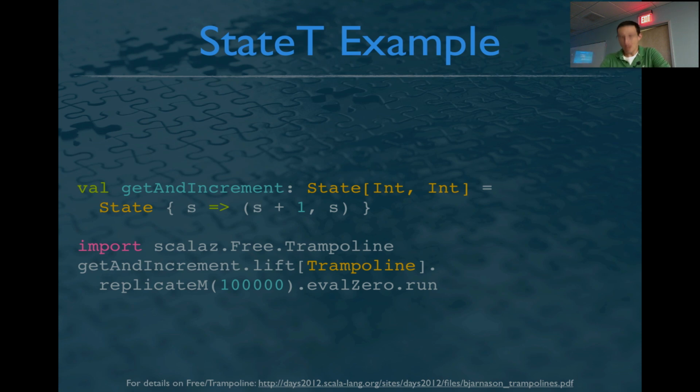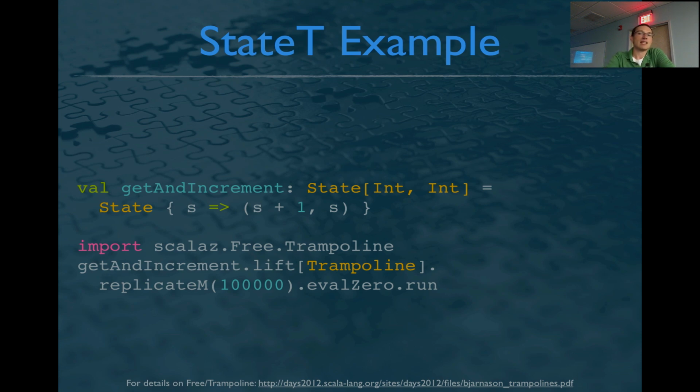The important thing for us is that the Trampoline data type we can put as our type in StateT. So if we replace Id with Trampoline, we can do that whole computation without stack accumulation. So anyway, this is what it looks like. getAndIncrement did not change whatsoever.